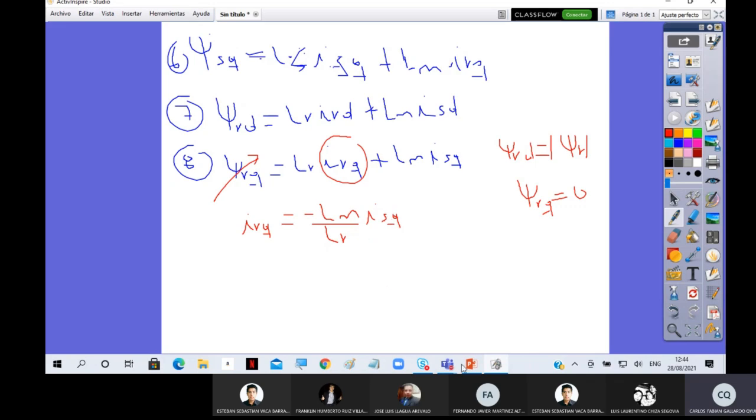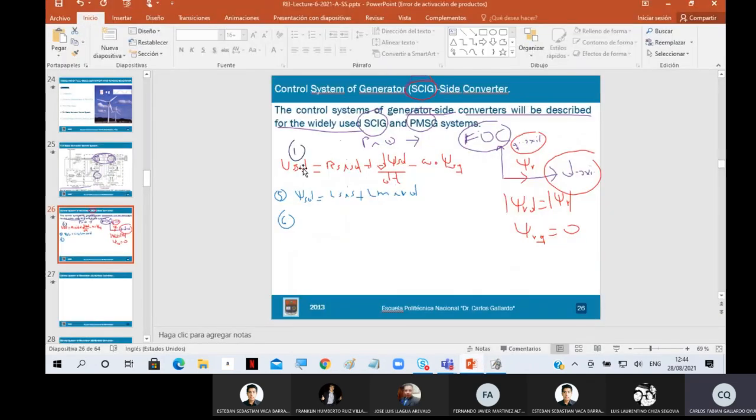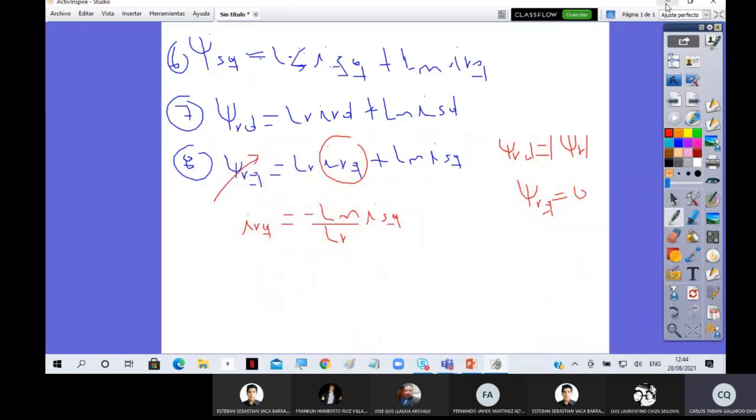So let's work on the first equation. This is my first equation, the stator voltage. I will copy it here.